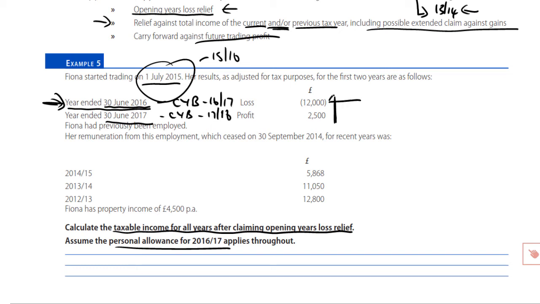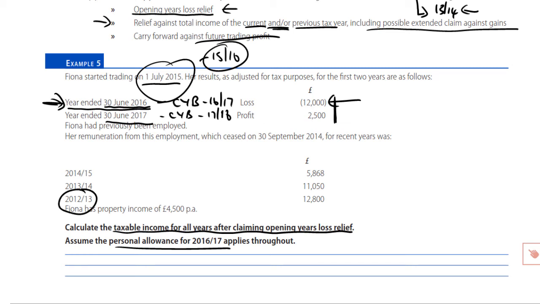As it was the first period in which we made a loss, then the specialist opening year's loss relief is going to be available for a loss sustained at least, if not more than one tax year, but at least for 15-16. Back 3 years from 15-16 would take us, therefore, all the way back to 2012-13.